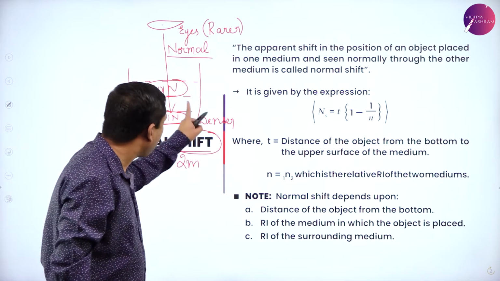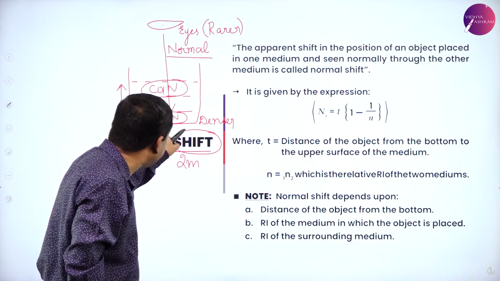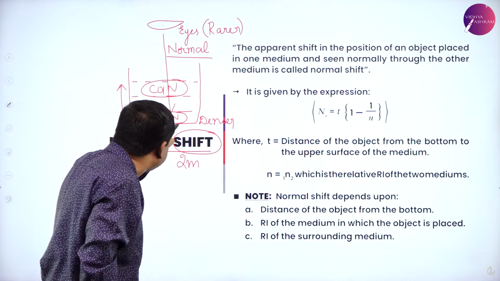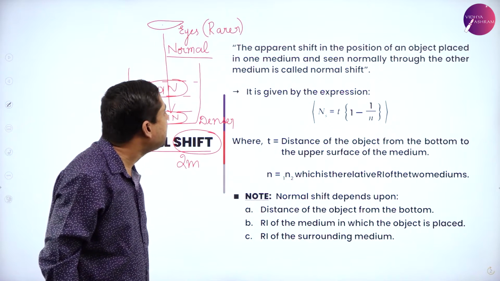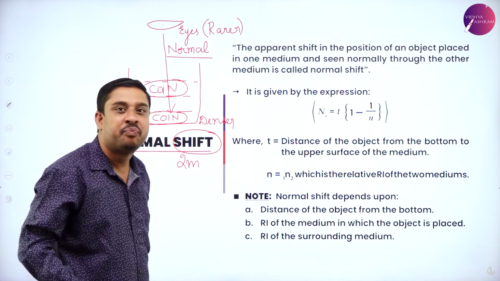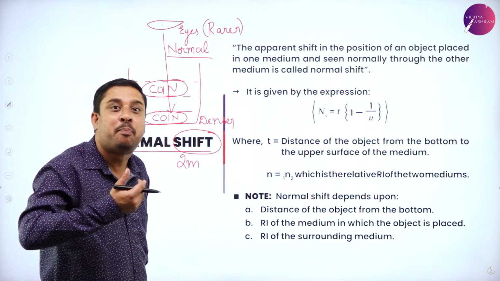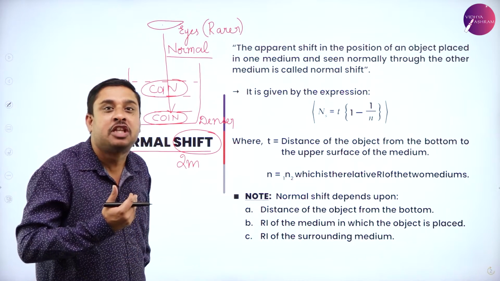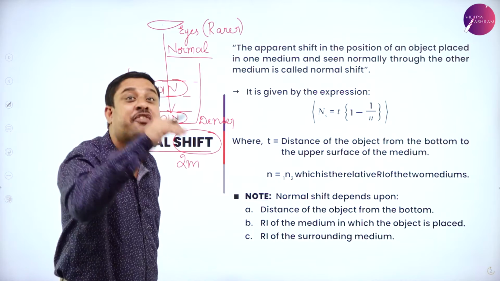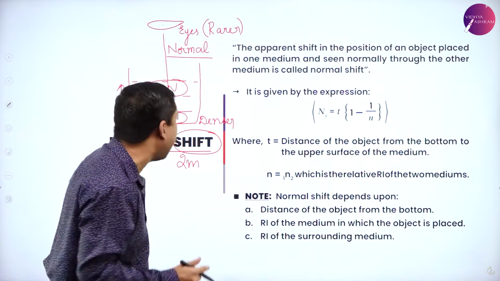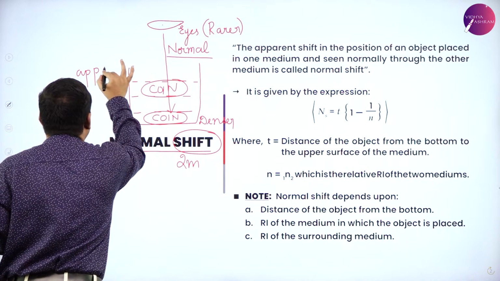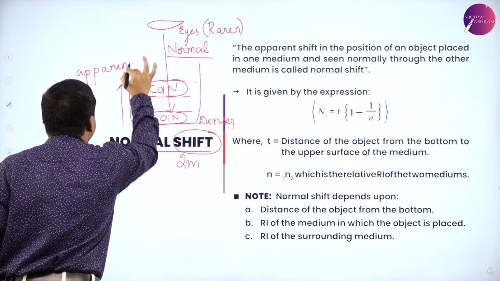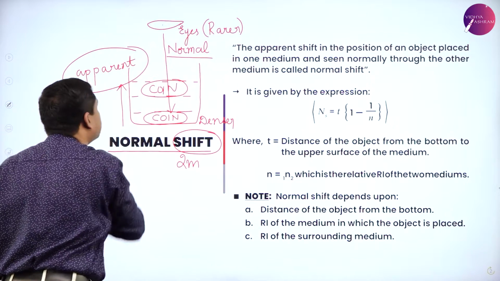No. Coin is still at the bottom of the beaker. The observer feels that the position of the coin has shifted. He feels that, and therefore I call this shift as the apparent shift.